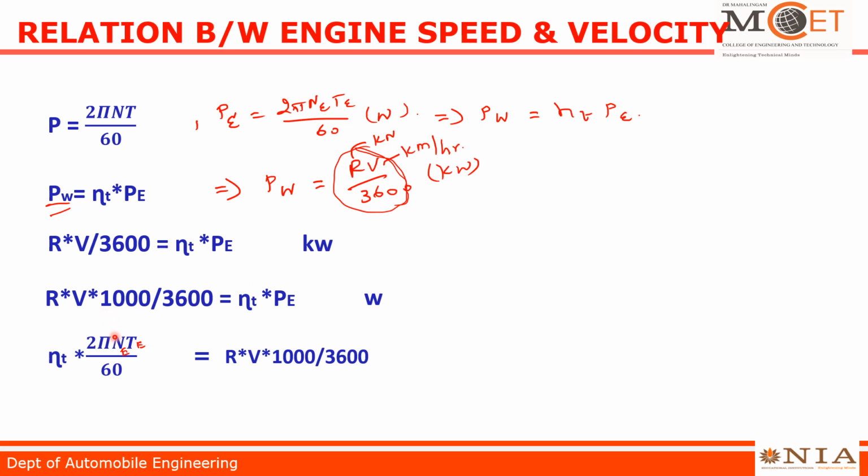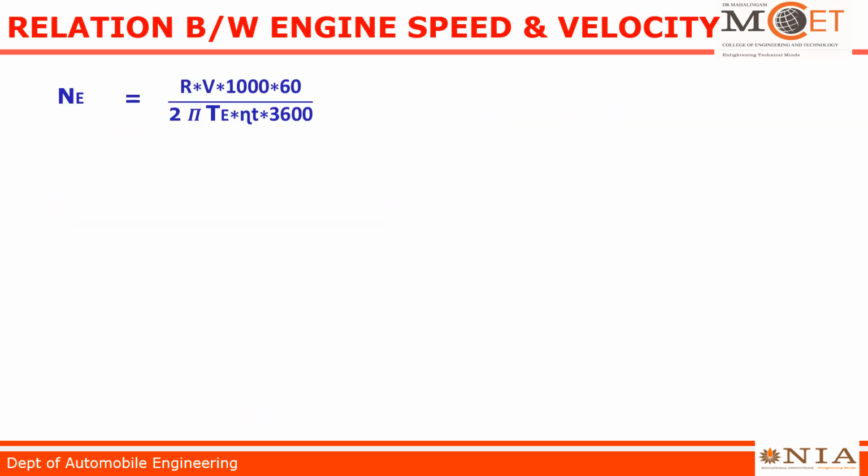So here you can note engine speed NE on the left side, and we bring the other things to the right side, so that we get NE equal to RV into 1000 into 60 divided by 2π TE eta T into 3600.